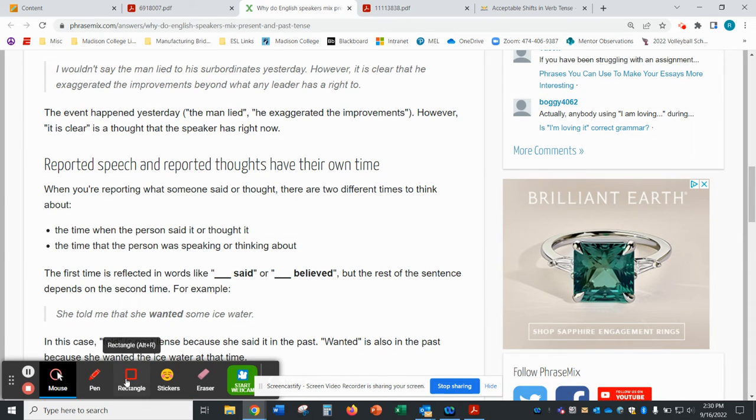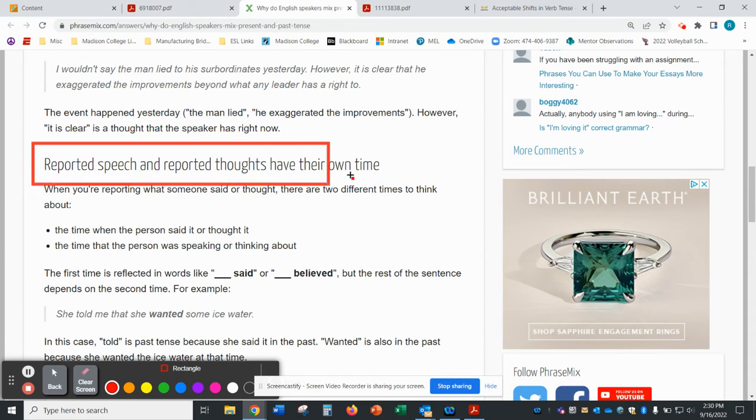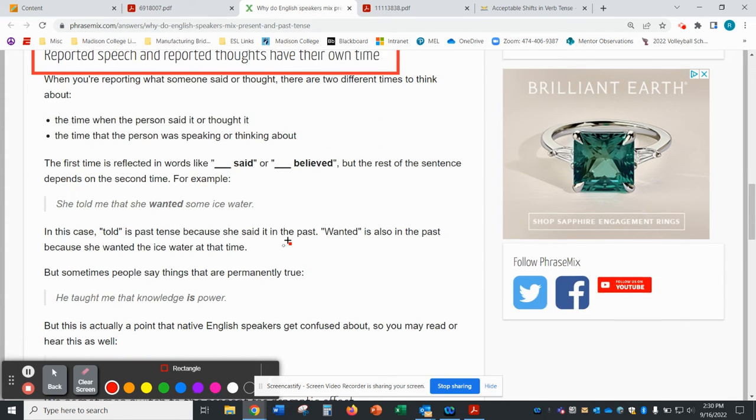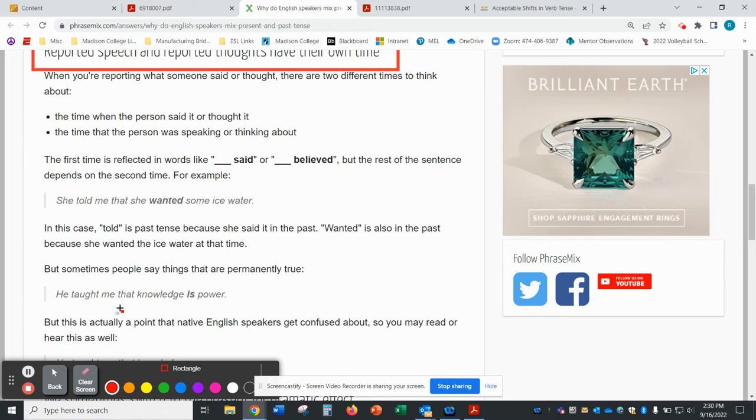Another reason is because when we use reported speech, and this is when we talk about what someone else said, the verb tense that we first use will influence the verb tense that follows. Okay, so for example, here I have the verb tense in the simple past. She told me that she wanted some ice water.